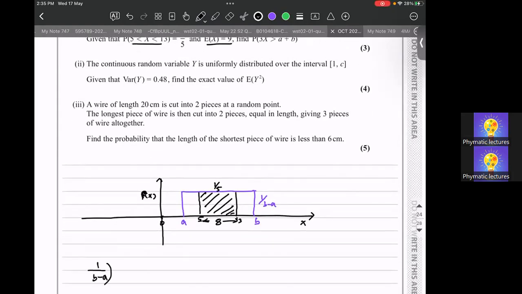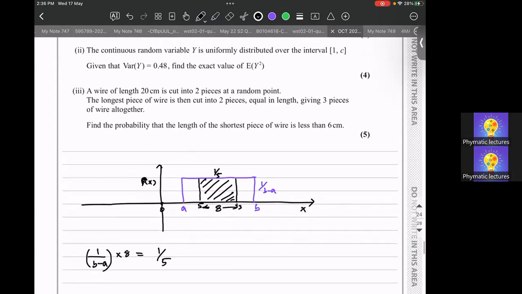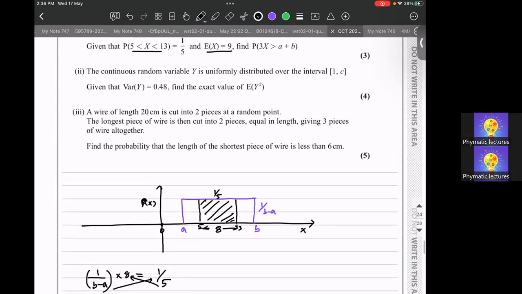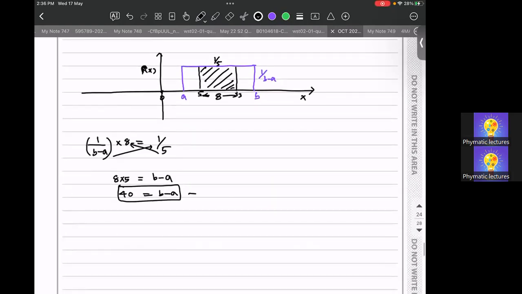So 1 by b minus a multiplied by 8, because area gives the probability 1 by 5, as it's rectangular in shape. Cross multiplying, 8 into 5 is b minus a, so 40 is the value of b minus a. This is equation number 1.